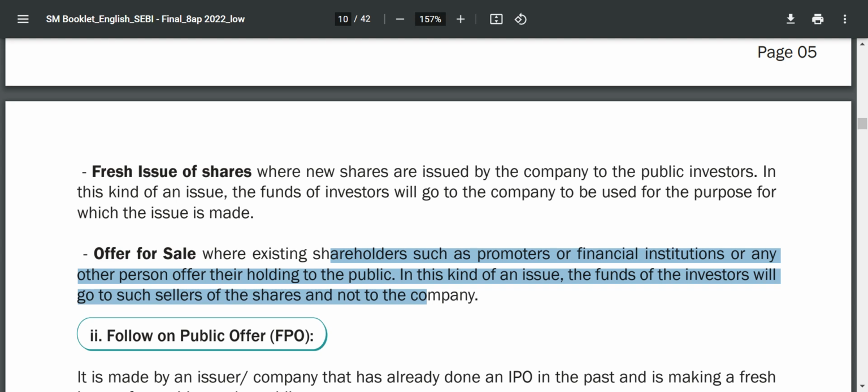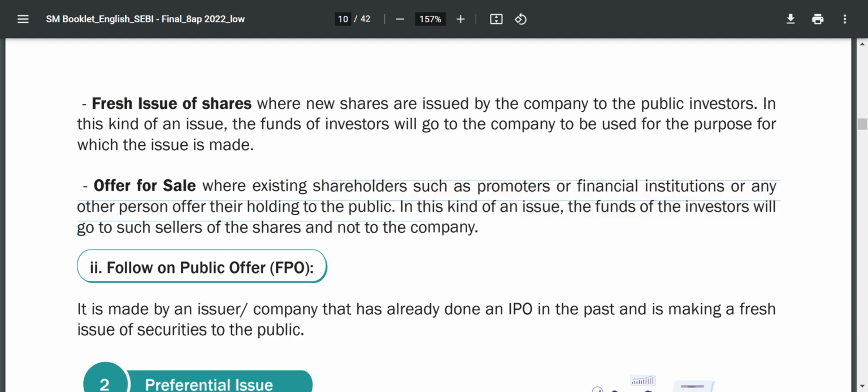Now we discuss the second type of public issue. The first type we discussed was the IPO, which is the initial public offering. The next type is the follow-on public offer, which is the FPO.